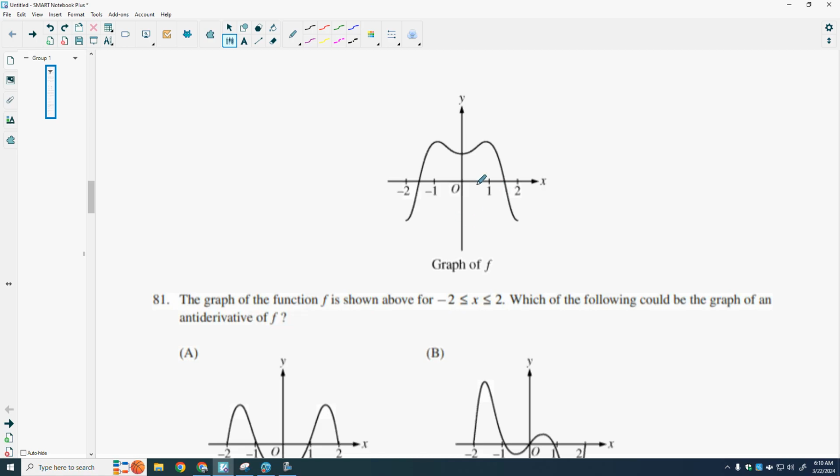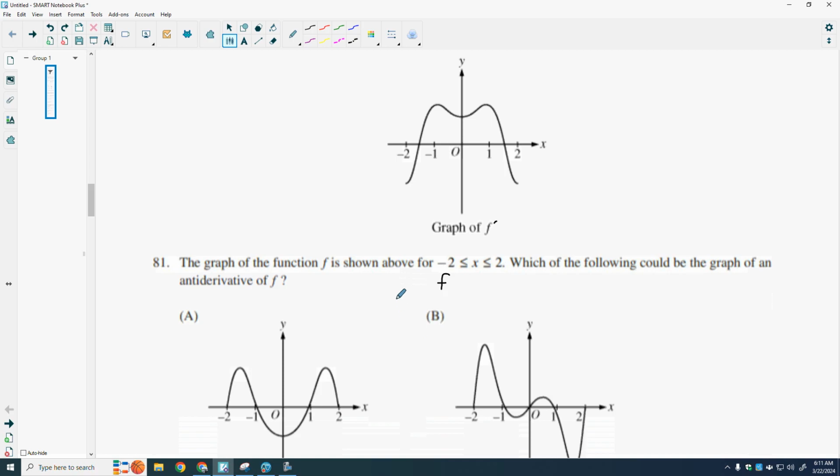So like this is the derivative and you're going backwards and finding f. Okay, so that might be easier for you. Call that f prime then, and you're looking for f. You're going backwards. The graph of f is shown. Which of the following could be the antiderivative of f? I know f prime. I want f is one way of reading that. I want to go backwards.